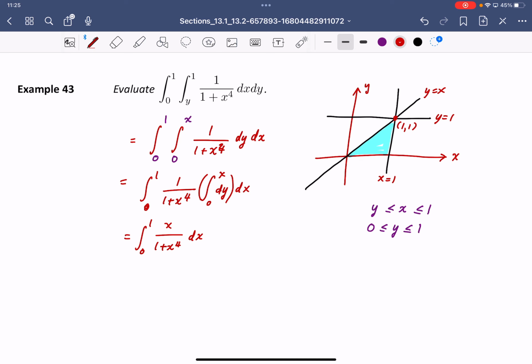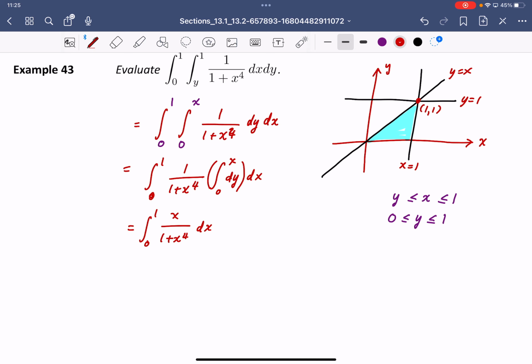Anyone remember how to do it in Cal 1? We're going to take a look at x, and this is 1 plus x squared, because we're trying to get to the arctan formula. That's why we say x to the 4th power is x squared here, and then the x here. For those of you who cannot follow, you can pick u to be x squared. Then du is 2x dx, and that means dx is du over 2x.